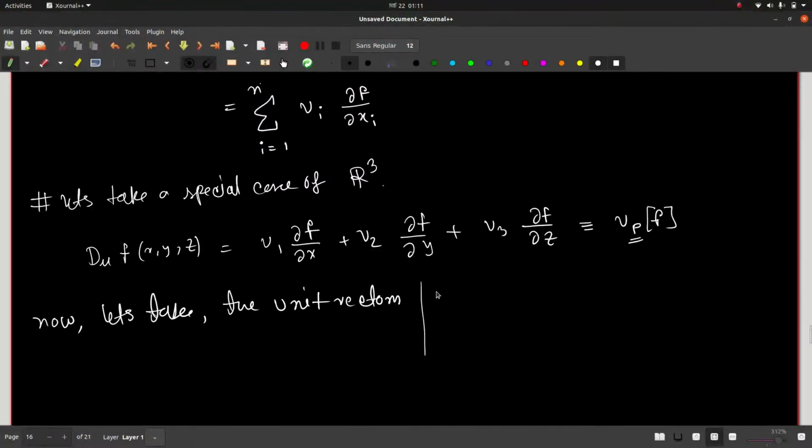So here we are going to use a more general notation. Instead of x hat, we are going to write it as e1. Instead of y hat, we write e2. Instead of z hat, we write e3. So whenever you see e1, e2, e3, you should understand that they are the basis vectors. And what are basis vectors again?